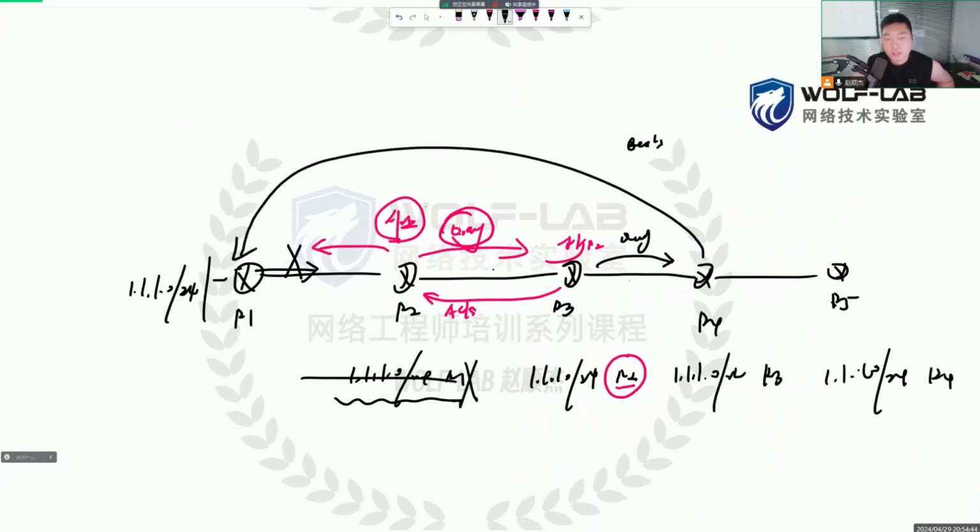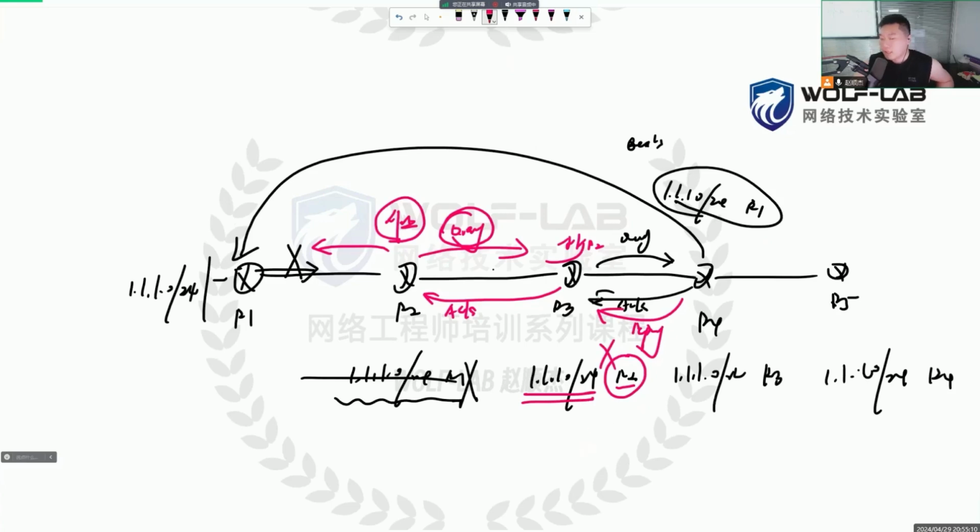I found 1.1.1.0/24, I originally went through R2, and R2 told me this path is not available. It broke down. I am now seeking other paths to help find it. Then there are other paths that can access 1.1.1.0. So R3 immediately changes the direction of the routing entry to point to R4.